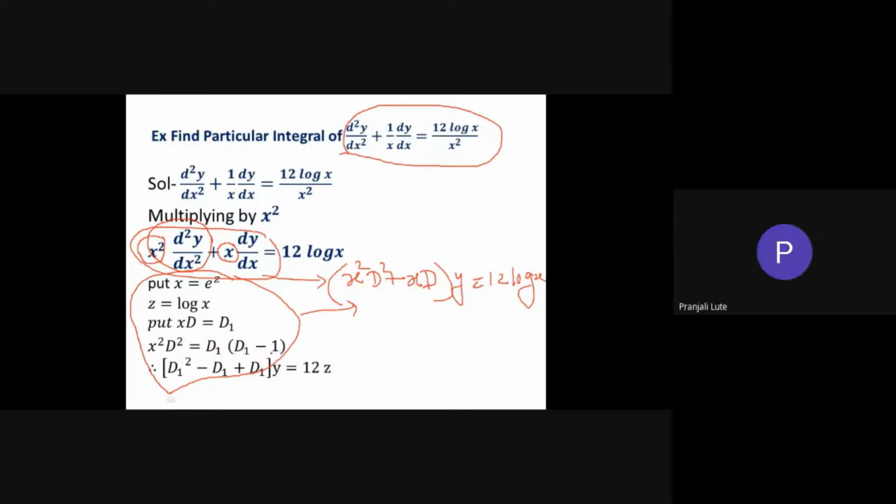So here D1 gets cancelled. What is the remaining term here? The remaining term is D1 square y equal to 12z, since log x is z. So we have to find the particular integral. Particular integral is equal to 1 upon D1 square into the right hand side, and the right hand side is 12z.